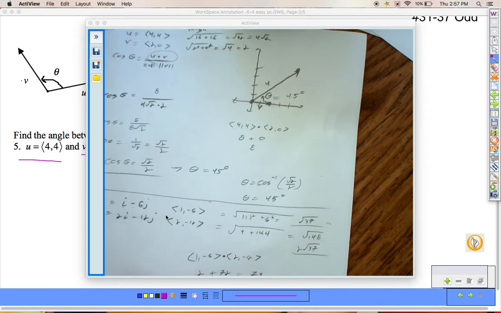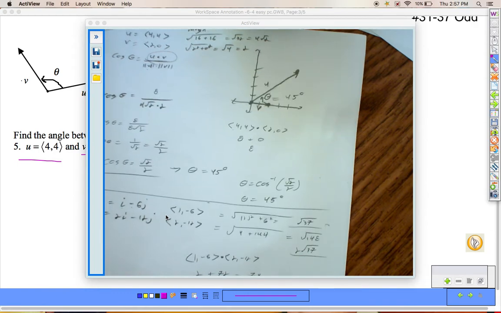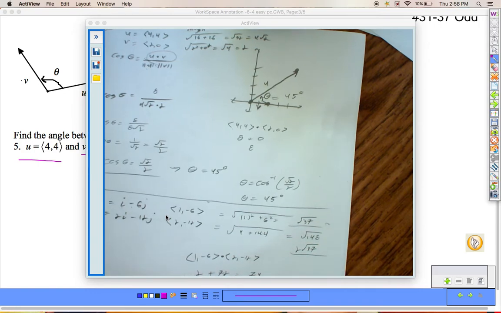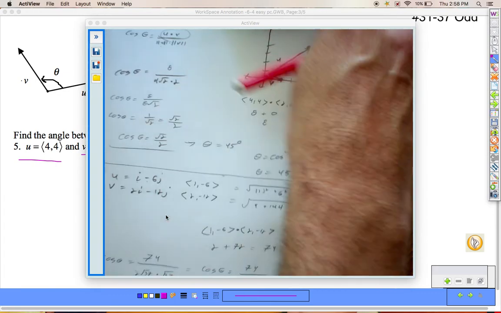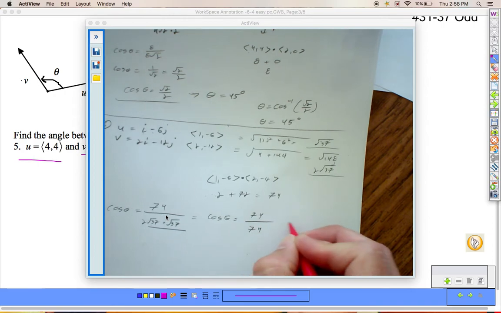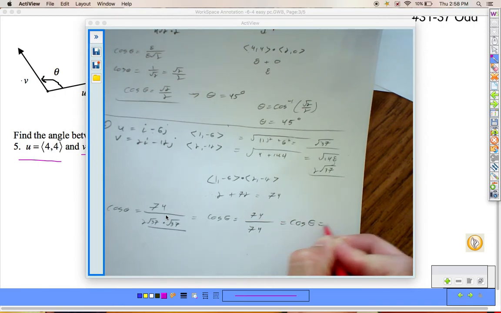All right, so now I have the cosine of theta is going to be equal to 74 over 2 square roots of 37 times square root of 37. Square root of 37 times square root of 37 is 37, times 2 is 74. Cosine of theta is going to equal 1.